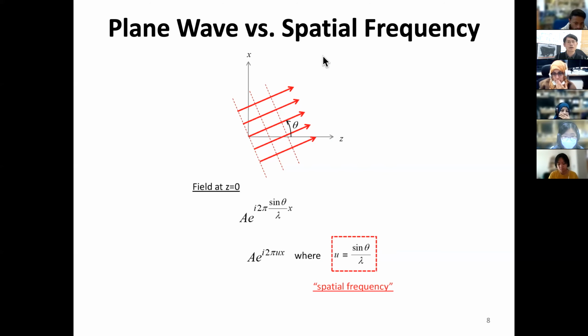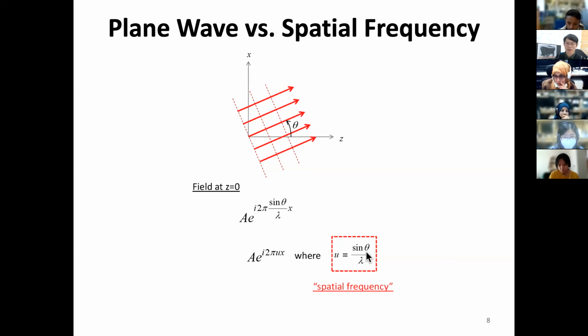Now we want to compare with the Fourier transform formula. Remember the kernel is e to the i 2 pi u x, where u is the spatial frequency in the x direction. Comparing these, you realize u is actually sine theta over lambda.